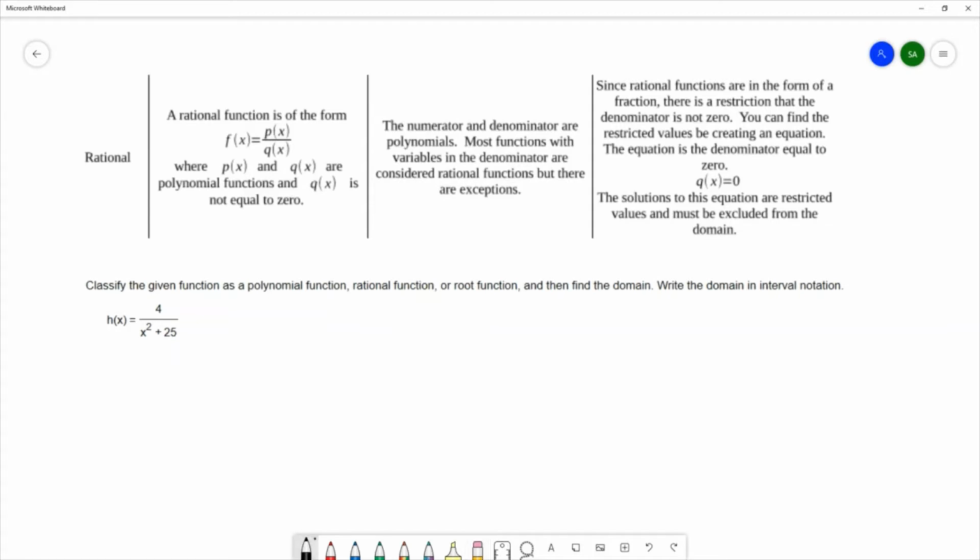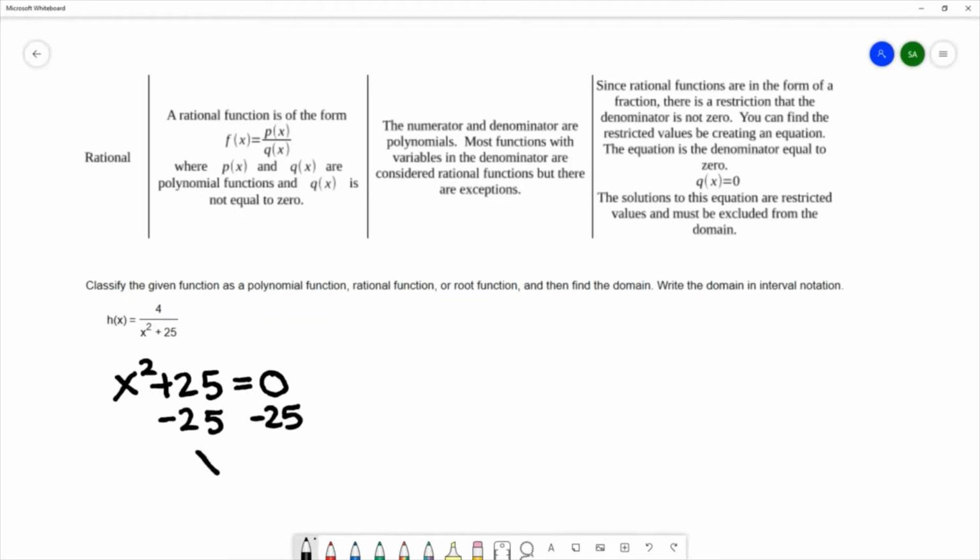We're going to take our denominator and set up that equation by setting it equal to 0. This is going to tell me which values are restricted and which values need to be excluded from the domain. So I'll solve this by subtracting 25 on both sides.